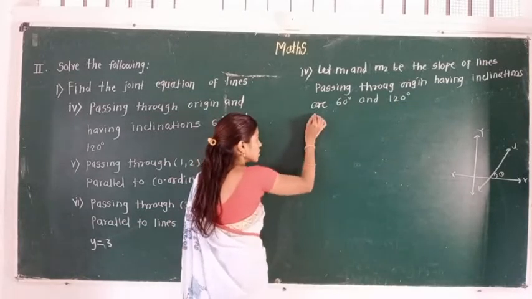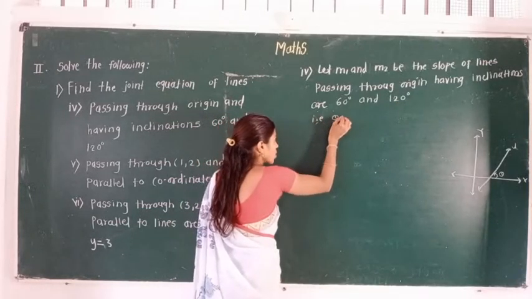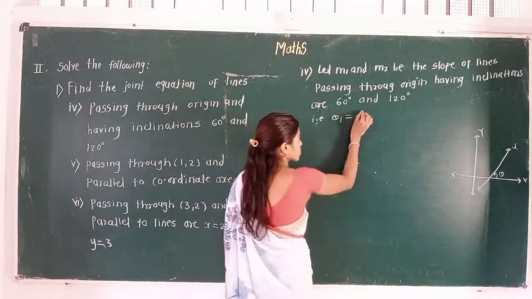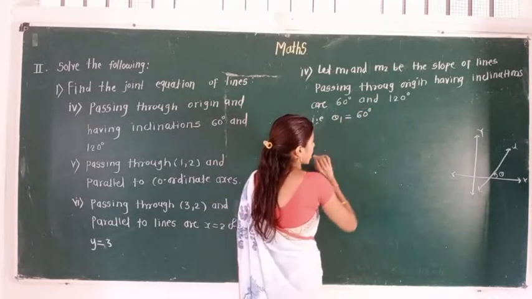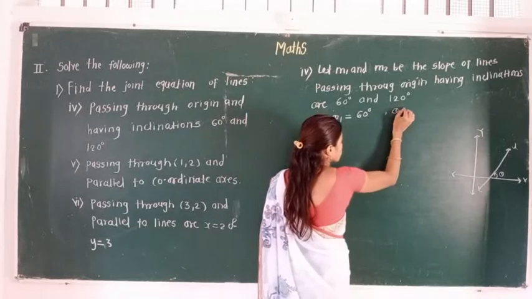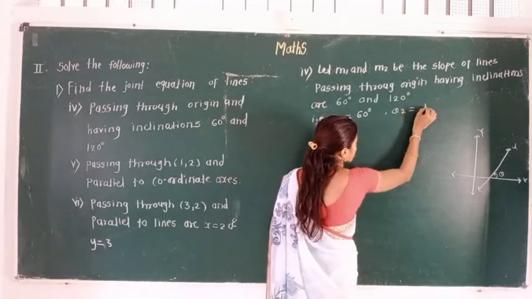So we write it as theta 1 is equal to 60 degree and theta 2 is equal to 120 degree.